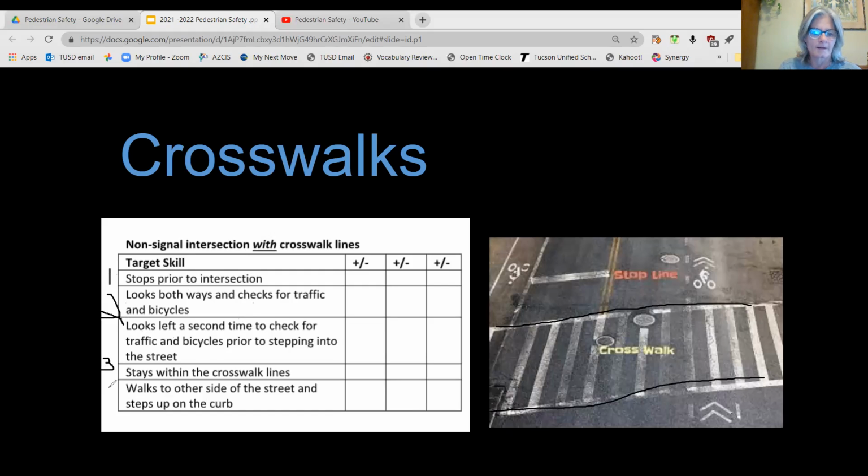And number 4, you walk to the other side of the street and step on the curb. So if you start here, you gotta walk all the way over here, step on the curb. These are the ways we know you can be safe if you follow these 4 rules in the crosswalk.